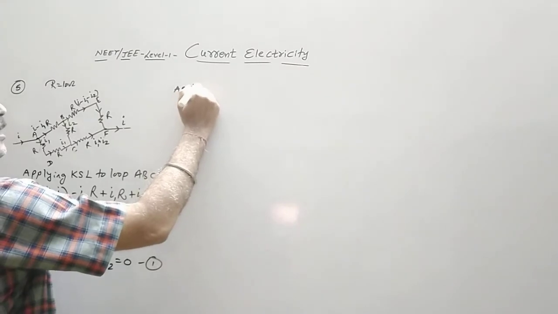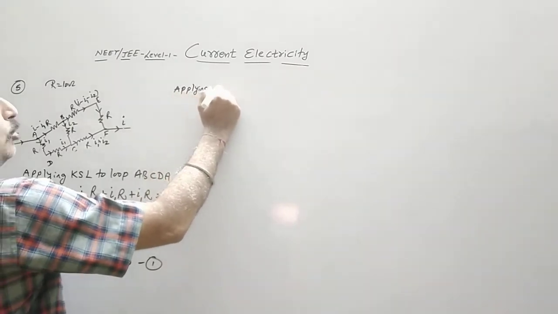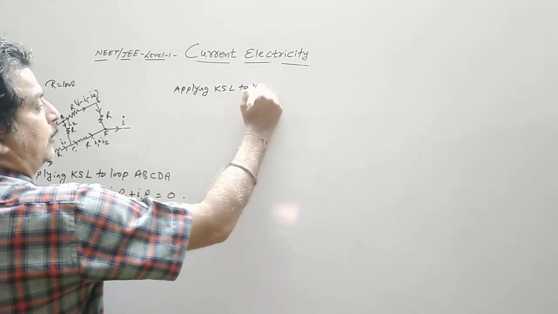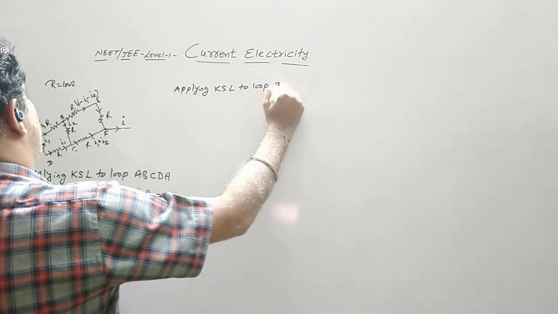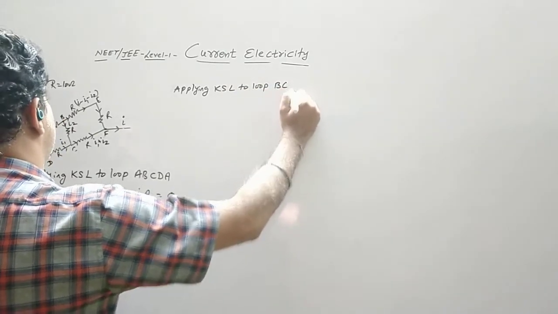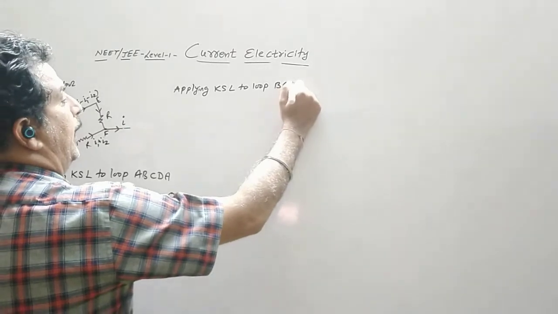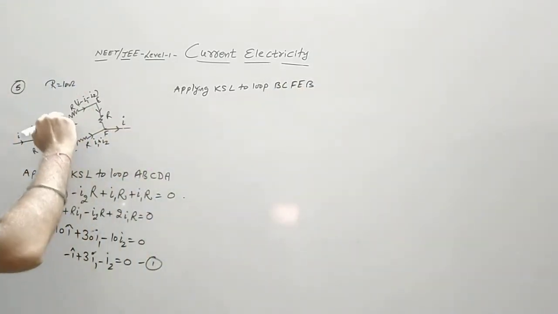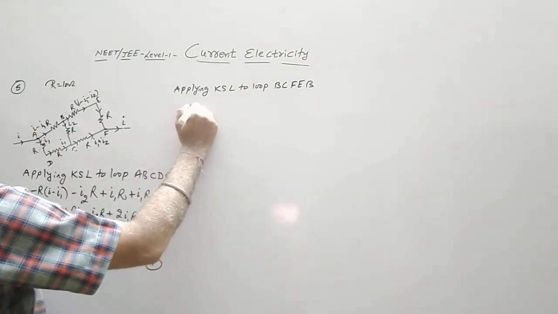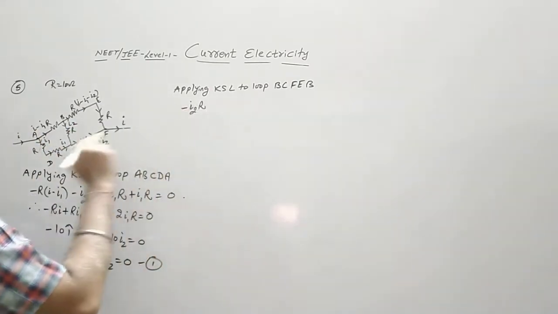Again, in the second loop, applying Kirchhoff's second law to loop BCFEB. So B to C in the direction of current, minus I2R.